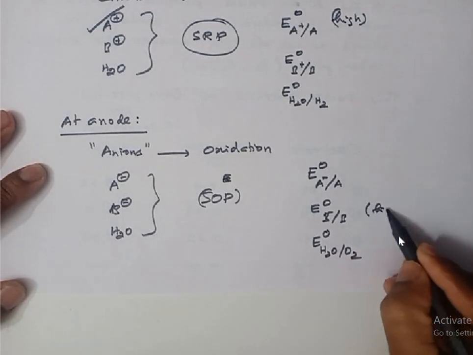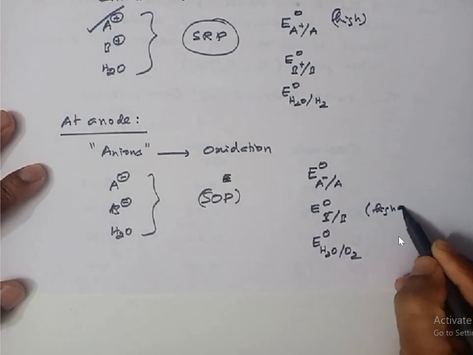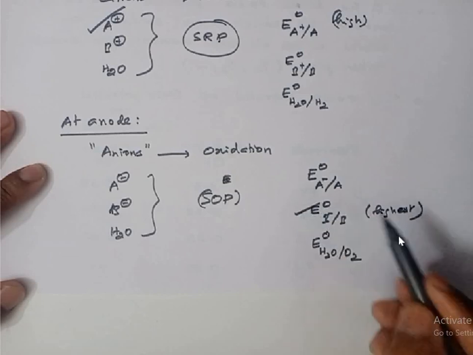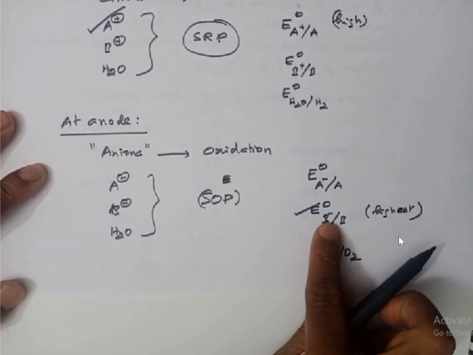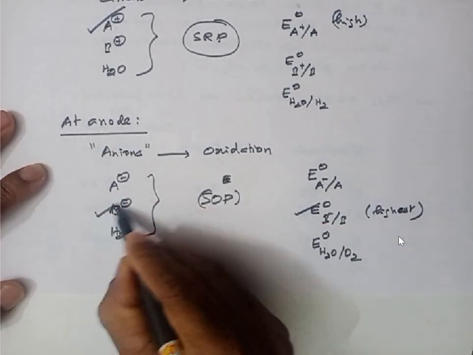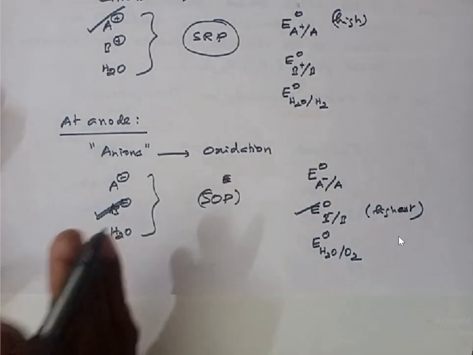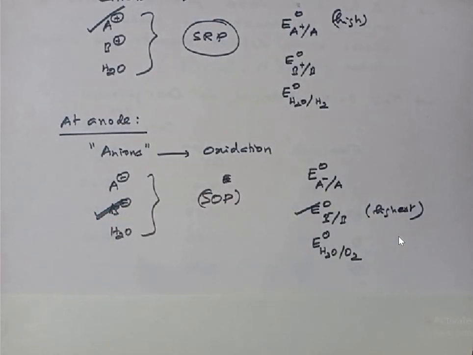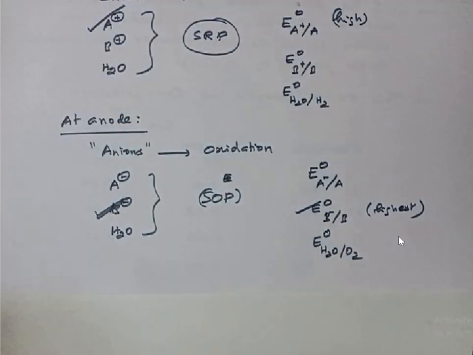Suppose for the second species the SOP value is highest, then among the three, the B minus ion will undergo oxidation first. So whenever two or more species are available to undergo oxidation or reduction, you have to consider this SOP or SRP value depending upon the electrode.